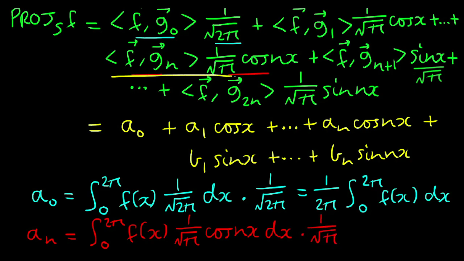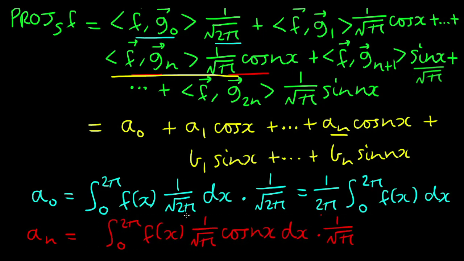So this here is our coefficient an, as we can see. So if we evaluate this, we'd get 1 on pi outside the integral, and the integral of f of x by cosine nx with respect to x.